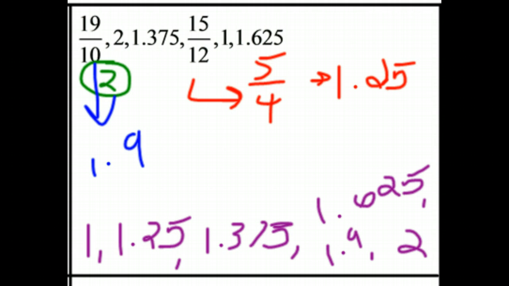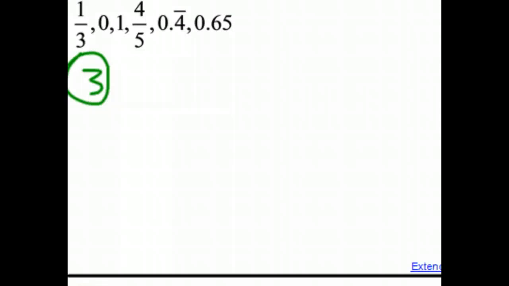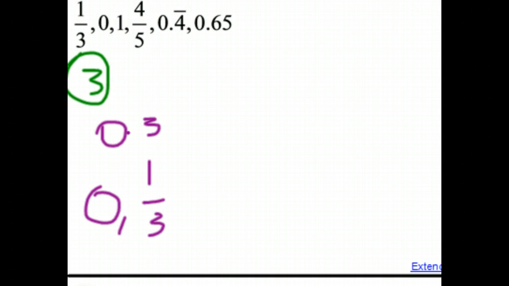Now, if we look at 3, 0.4 repeating is a repeating decimal, and we can transform everything into decimals if we want to, or recognize that 0.4 repeating is the same as 4/9. In any case, the ordering that you should have arrived at is 0 as the least. Right after that is 1/3, which is the same as 0.3 with the 3 repeating.